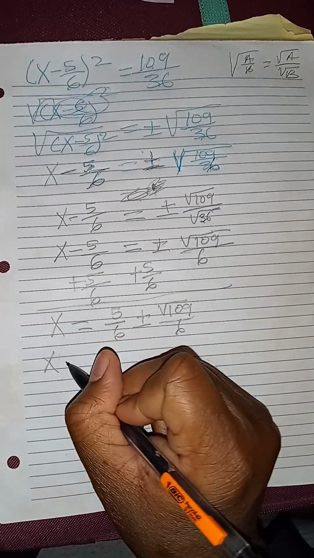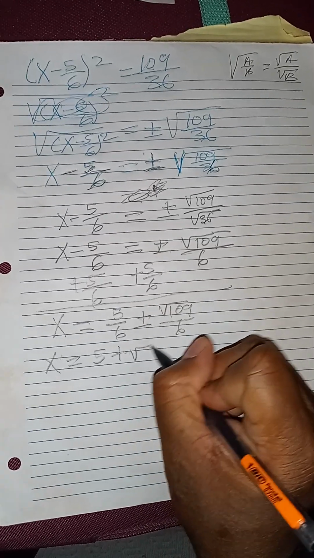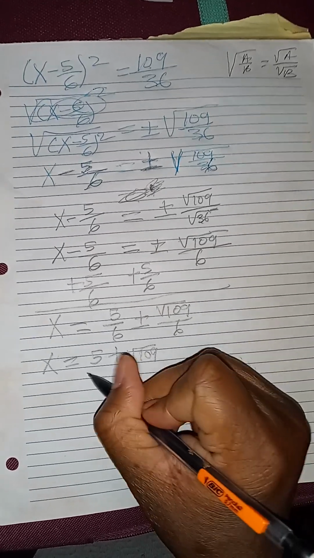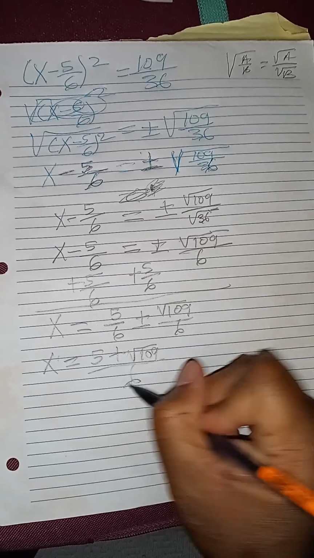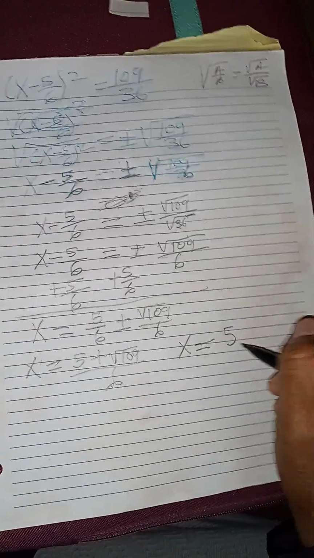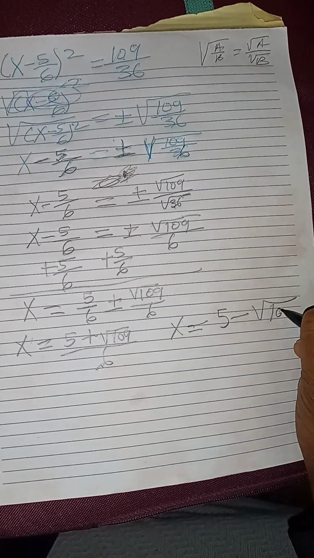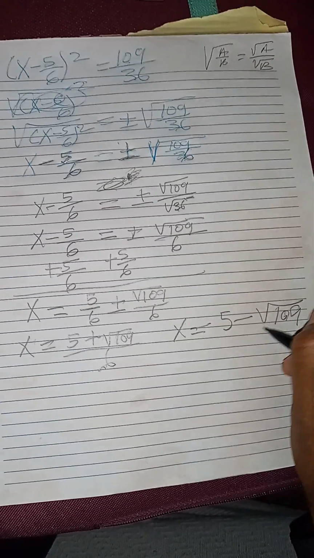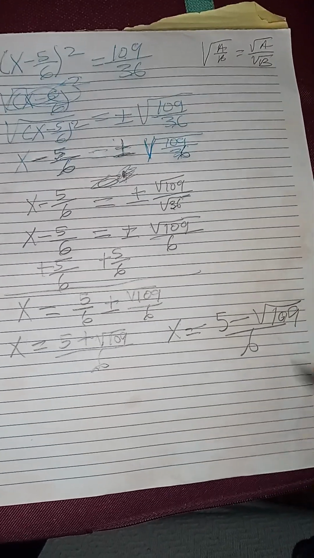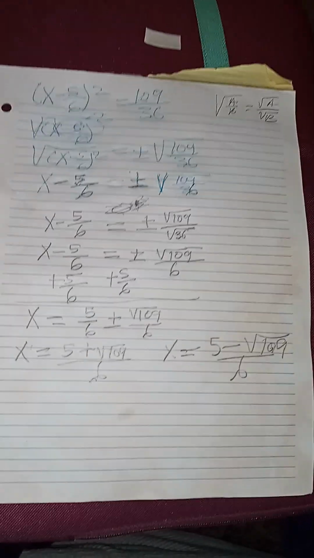So x equals (5 plus the square root of 109) over 6, and x is equal to (5 minus the square root of 109) over 6. So please have that marinate there.